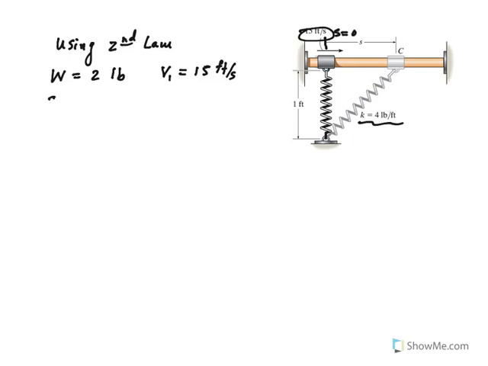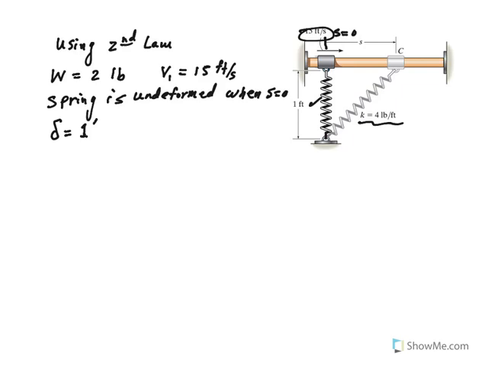And the spring is undeformed when s is 0. So basically, the undeformed length of the spring, if I call it delta, is 1 foot, as you could see in the picture here.